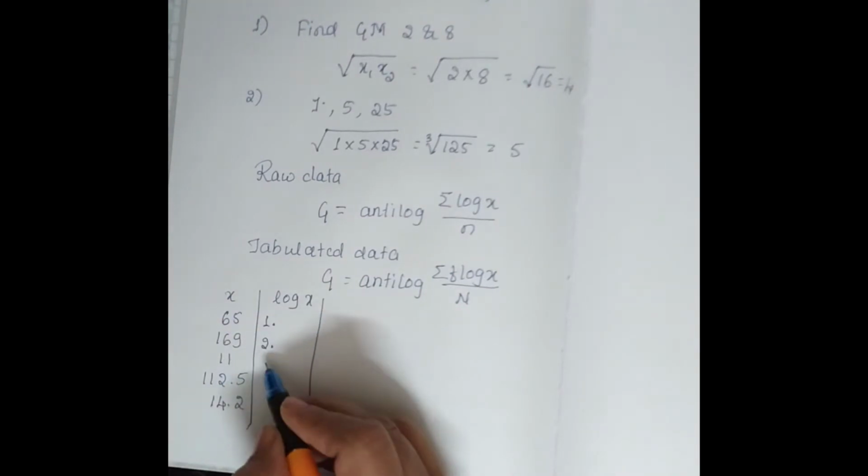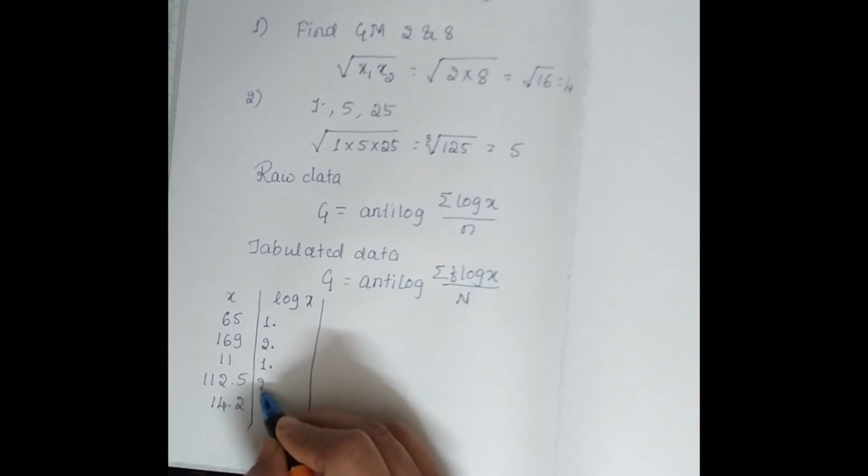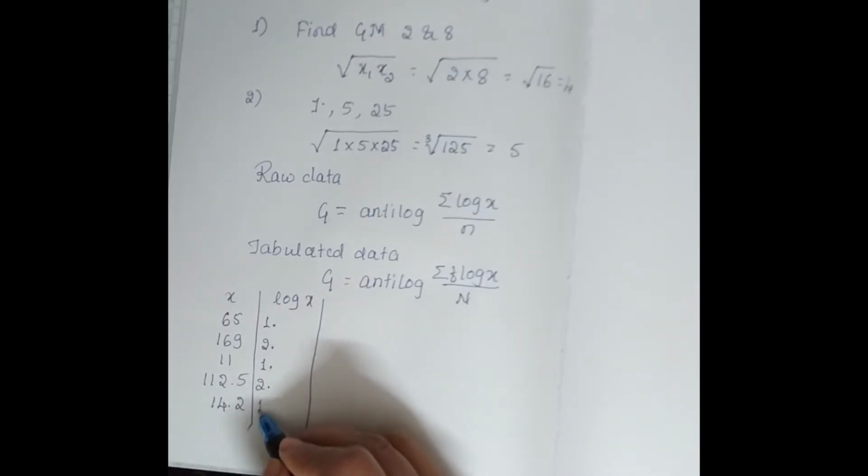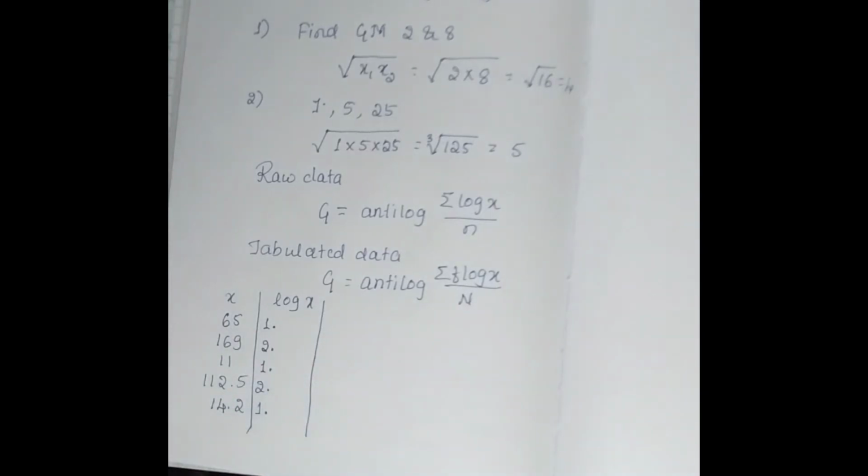For 11, 2 digits, so 1 point. For 112.5, before the decimal point you see 1, 2, 3, so you take 2 point. For 14.2, before the decimal point 1 and 4, 2 digits, so you take 1 point.